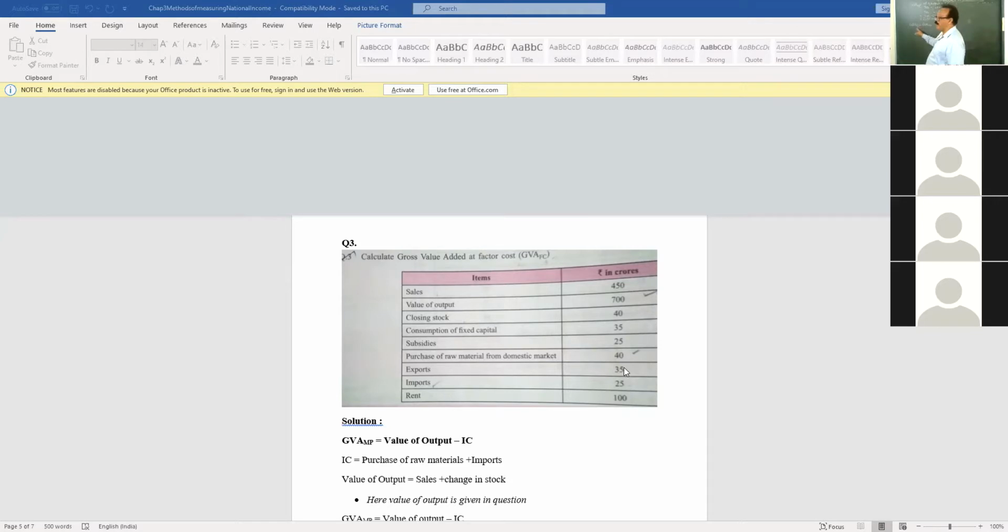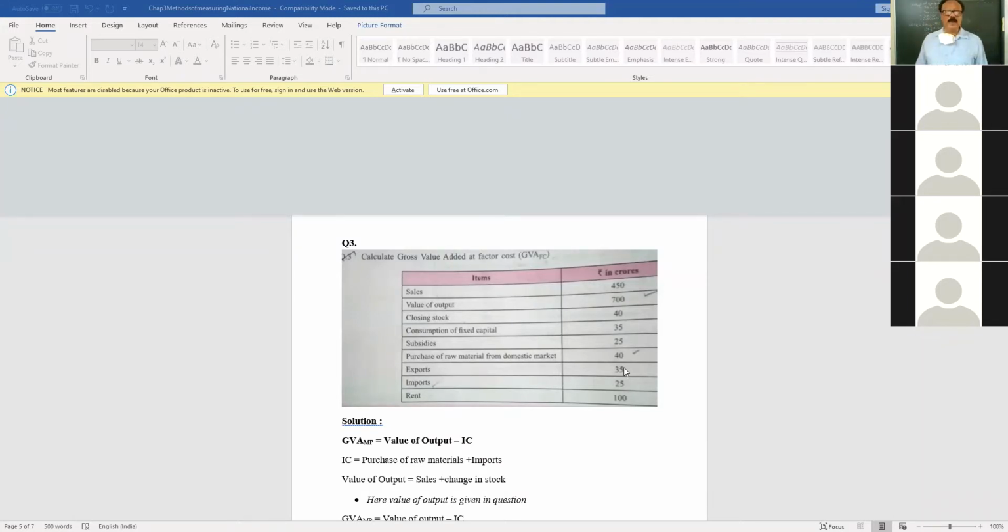The difference from market price to factor cost is minus NIT, which is IT minus subsidies. I'll write it down there. 635 minus IT.